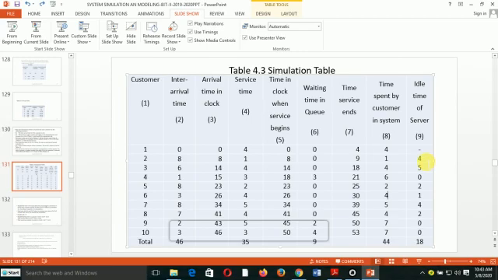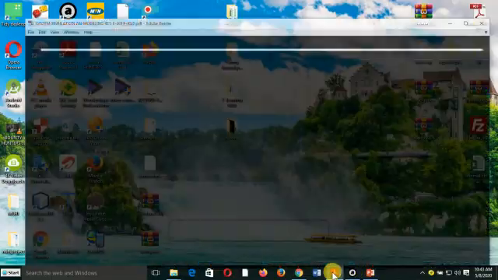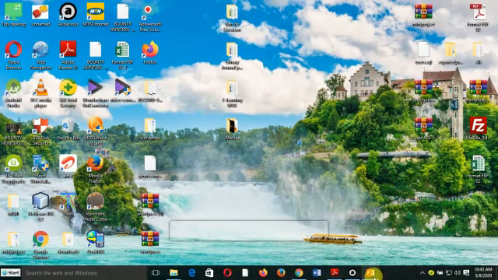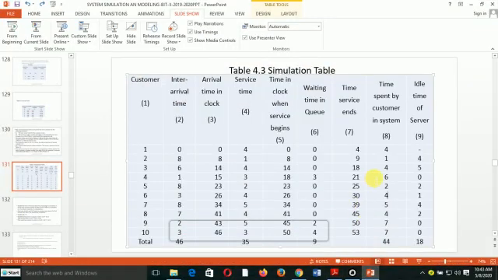It means the idle time of the server will be the value of column 5 in the current row minus the value of column 7.